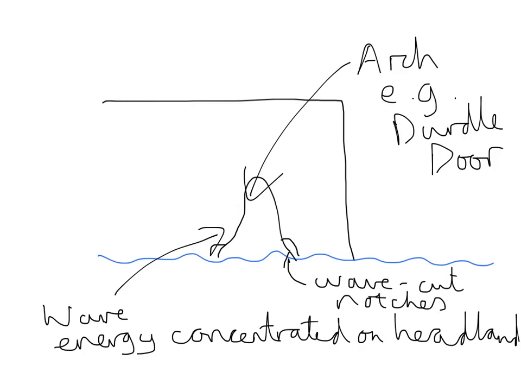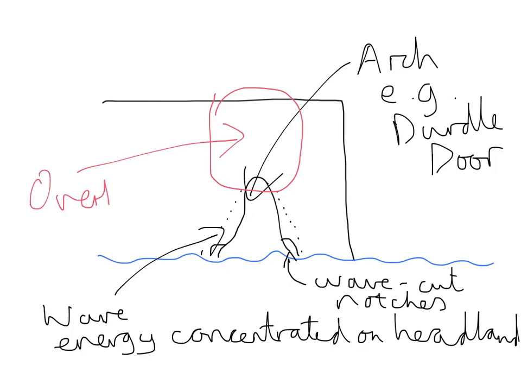As a result, the arch widens and widens, until the point where the overhang here can no longer be supported. Eventually, when the arch gets wide enough, the overhang collapses.